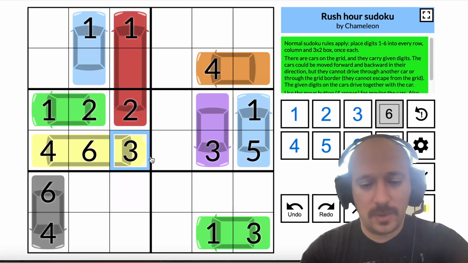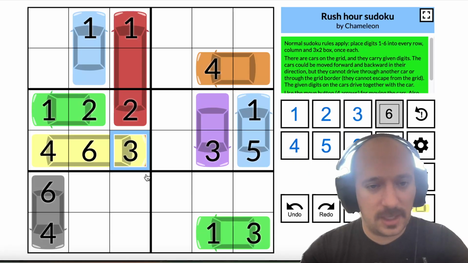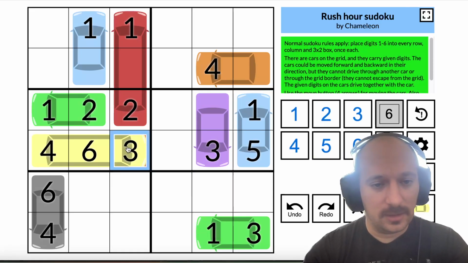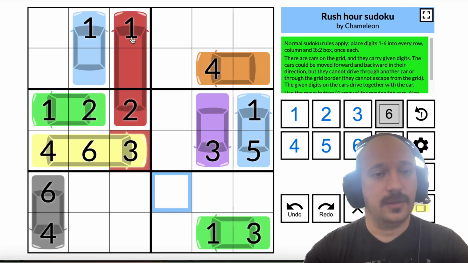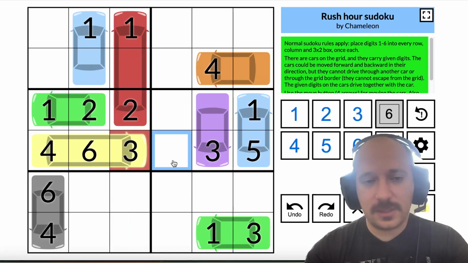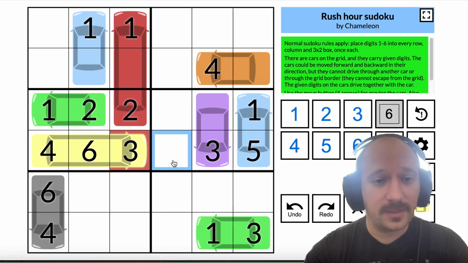So we can go ahead and mark it, and I use cell backgrounds to mark this is a cell that is definitely taken by the red car because it goes like that or like that. It's very similar to solving nonogram puzzles.